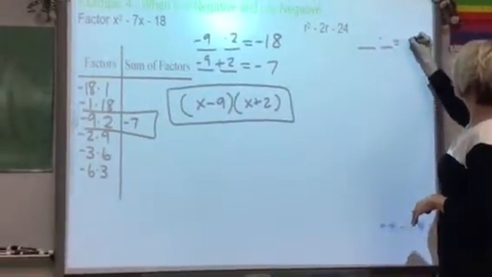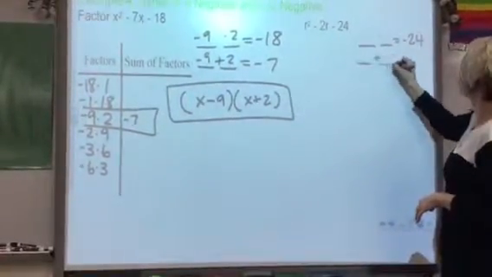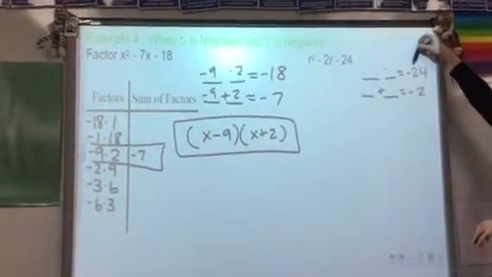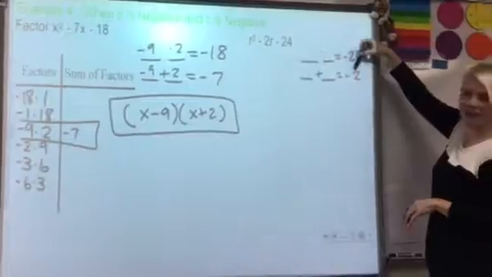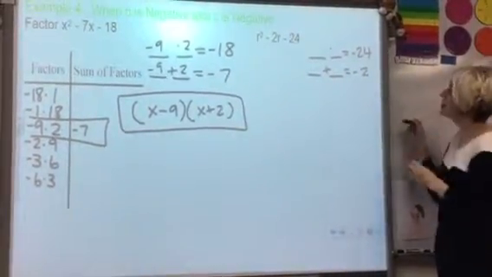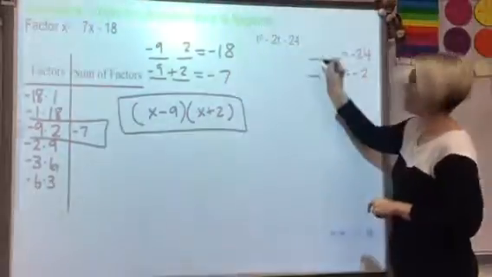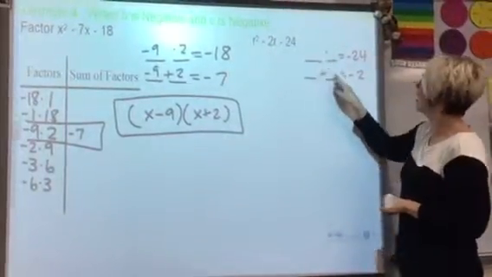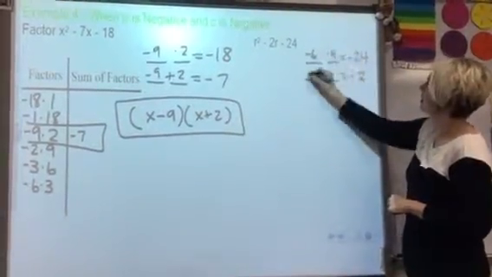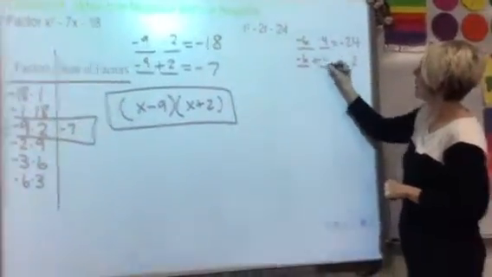Here I have a product of negative 24 that would give me a sum of negative 2. So I'm looking for two factors of negative 24 that would give me a negative 2 difference. And that's going to be, let's see, I'm going to say 6 and 4. And one of them has to be negative, and I have to make sure it's the negative 6 because I need a sum of negative 2.